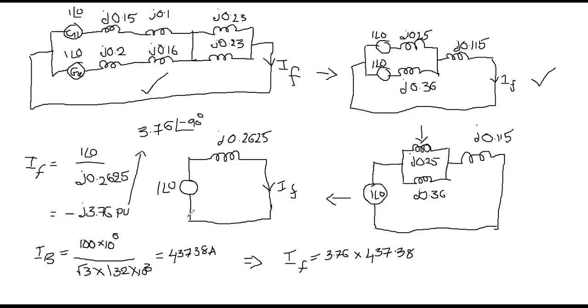We need only the magnitude, not the phase angle. So we are considering only the magnitude of the fault current. That's why I have taken only 3.76 multiplied by the base value, and this gives you the total rating of 1644 amperes.